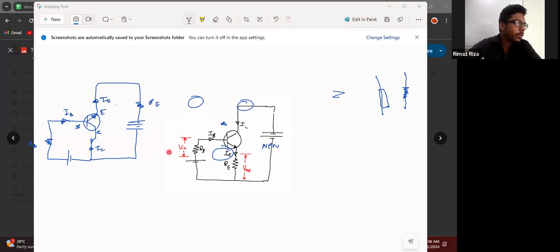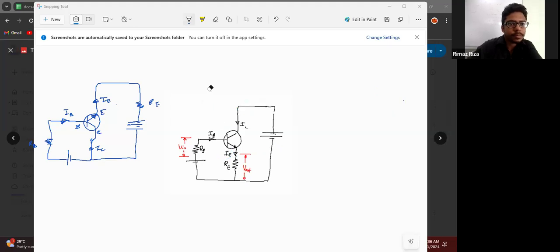I'll explain. These two circuits are the same. Here you can see IE, but I have taken the other side, and IC is here.